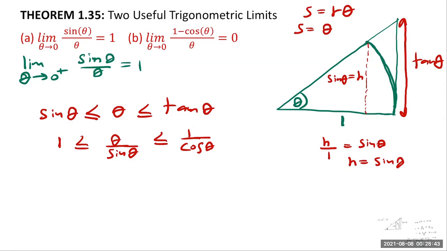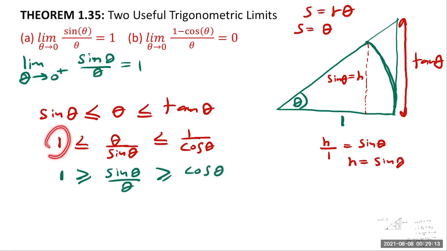Now, I flip the top and bottom of every expression involved in this inequality. If you flip the top and bottom of the first quantity, 1, it is 1 itself, right? 1 means 1 over 1. If you flip the top and bottom, you get 1. But when you flip, you have to switch the inequality sign, right? So you get sine theta over theta greater than or equal to cosine theta over 1.